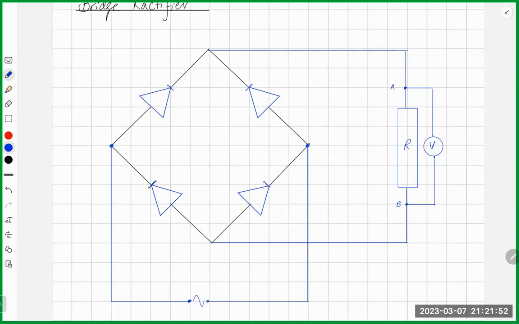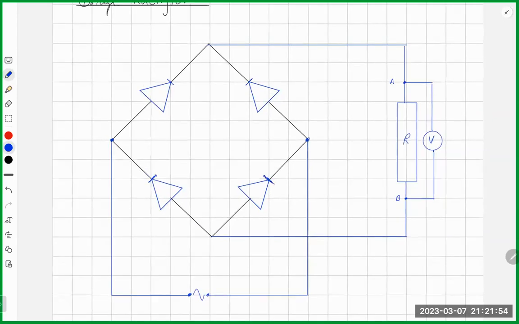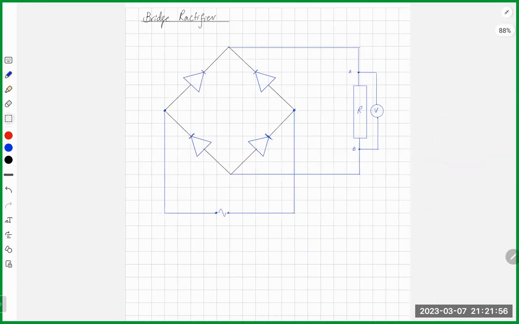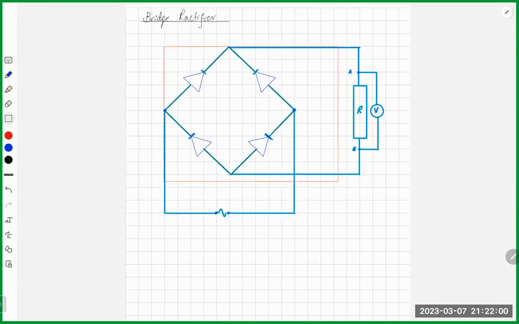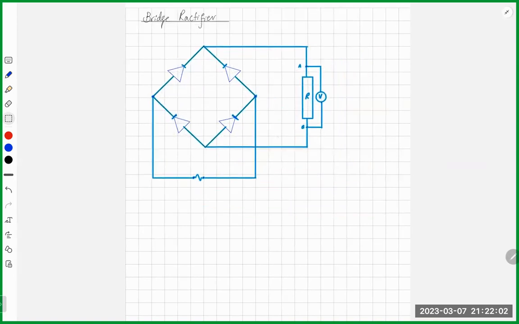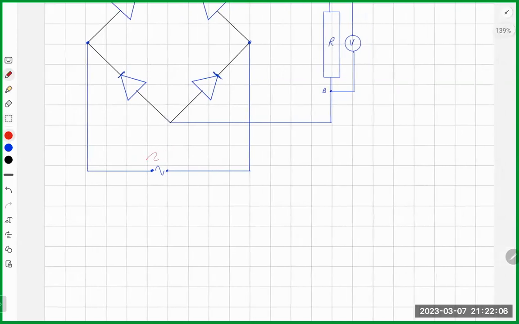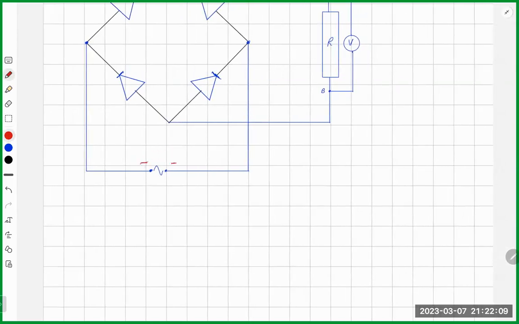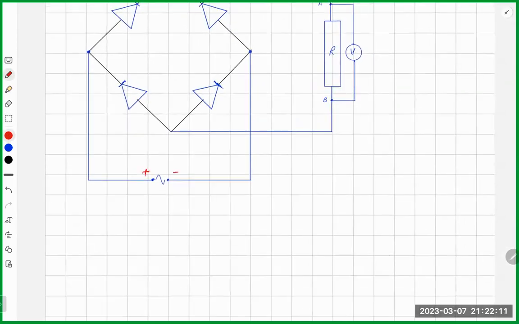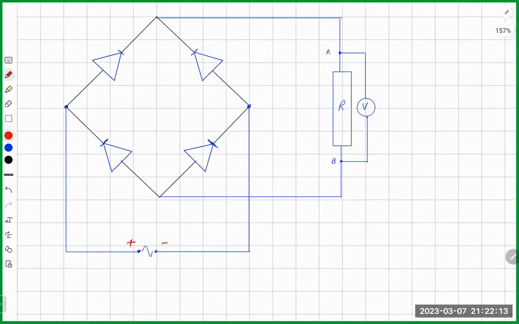Okay. Now see carefully. If this side is positive right now, this side is negative. So current has to leave this terminal like this.